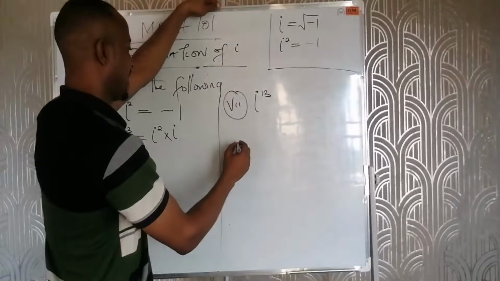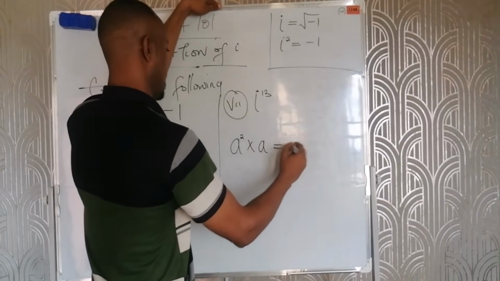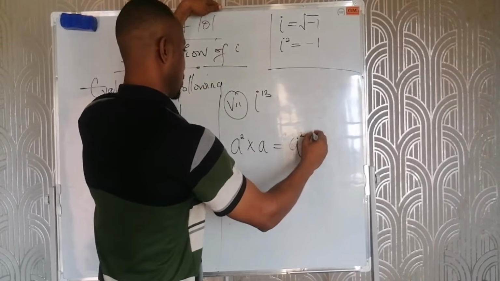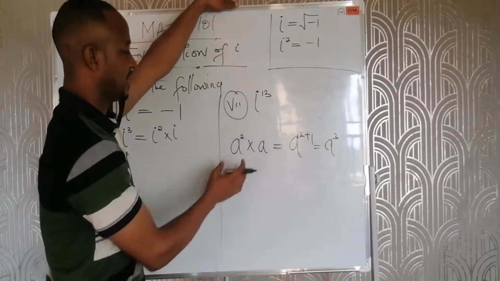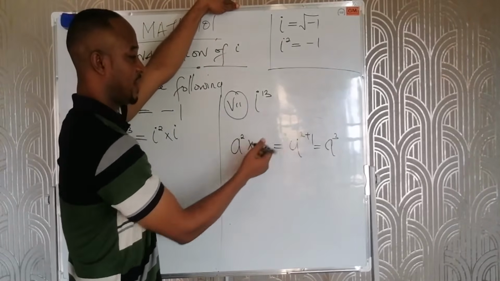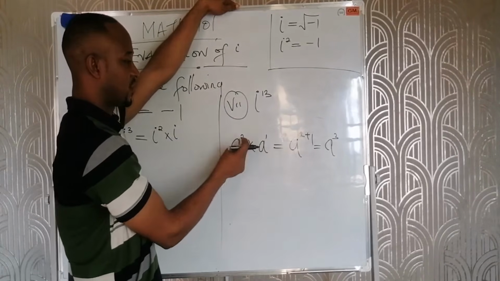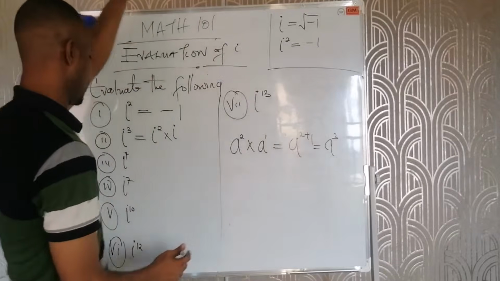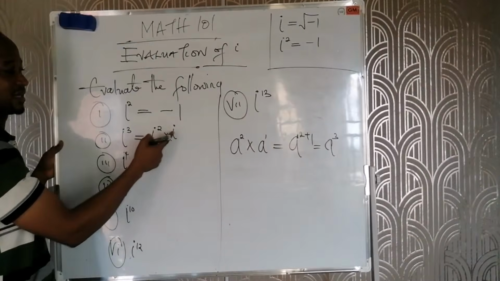In indices, if I have a raised power 2 times a itself, the answer is a raised power 2 plus 1, which is a raised power 3. The rule says pick a common base and add up the power. The power of a is 2, the power of a is 1. So when you add up 2 plus 1, that will give us 3. So I can express i raised power 3 as i squared times i.